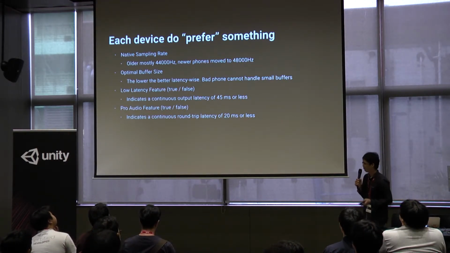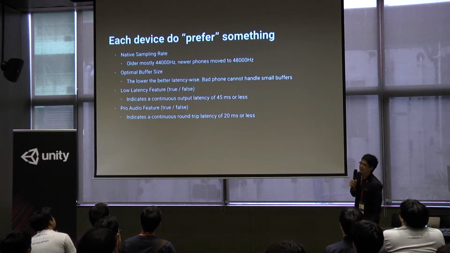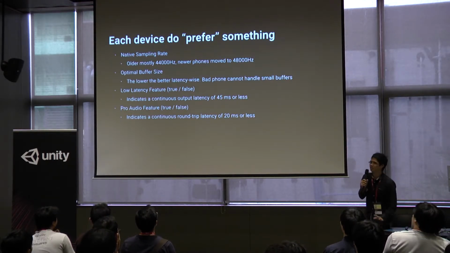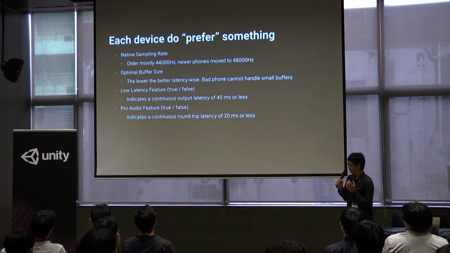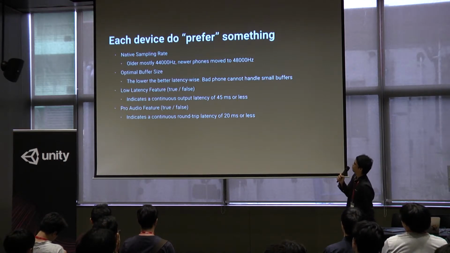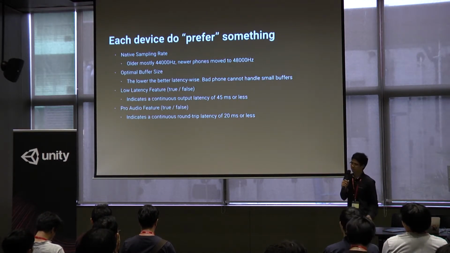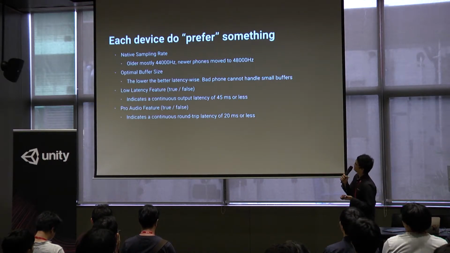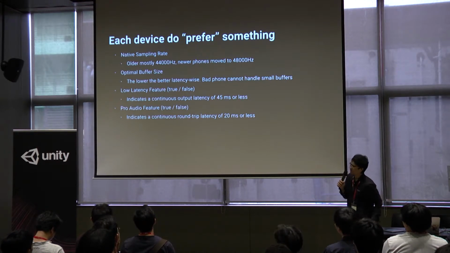But about audio only, not counting screen size or CPU, each device wants to work with some kind of sample rate of audio. So maybe this phone wants to work with 48000, but some older phone maybe not the same.